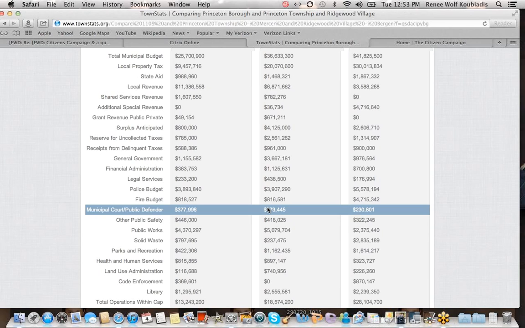You'll see the legal services budget and the municipal court public defender budget dropping from year to year in towns that have recently consolidated into a municipal court. So, for example, when the 2012 data is posted for Harding, Madison, Chatham and Chatham Township, it will show a significant cut in that area, directly attributable to the municipal courts for the four towns being consolidated.